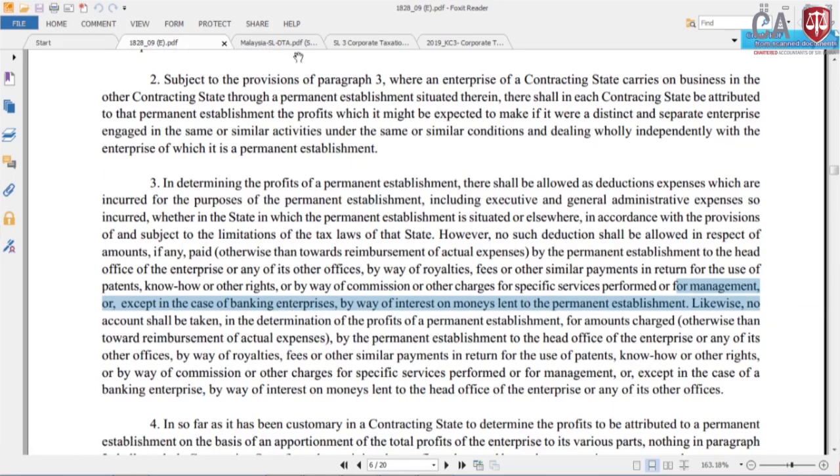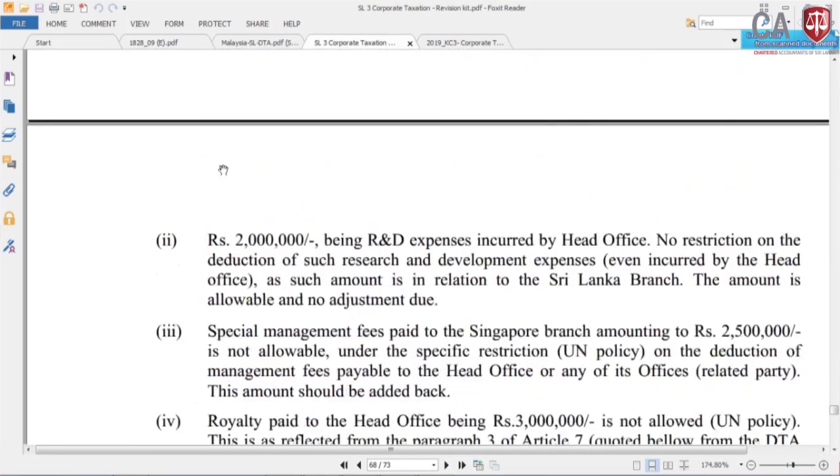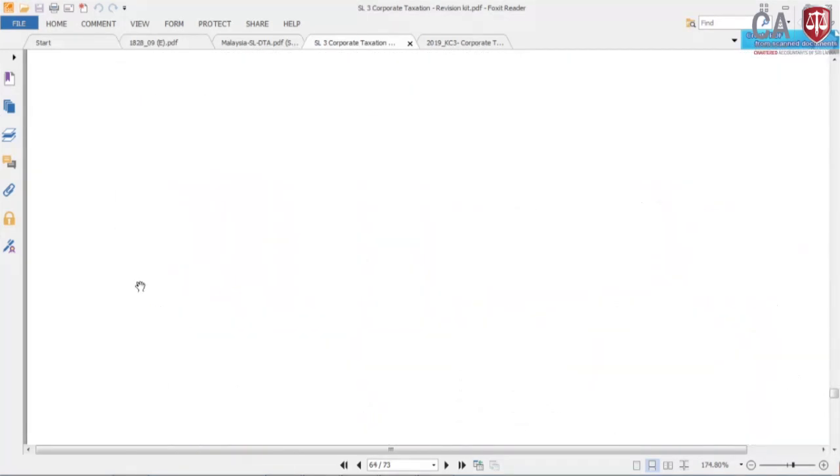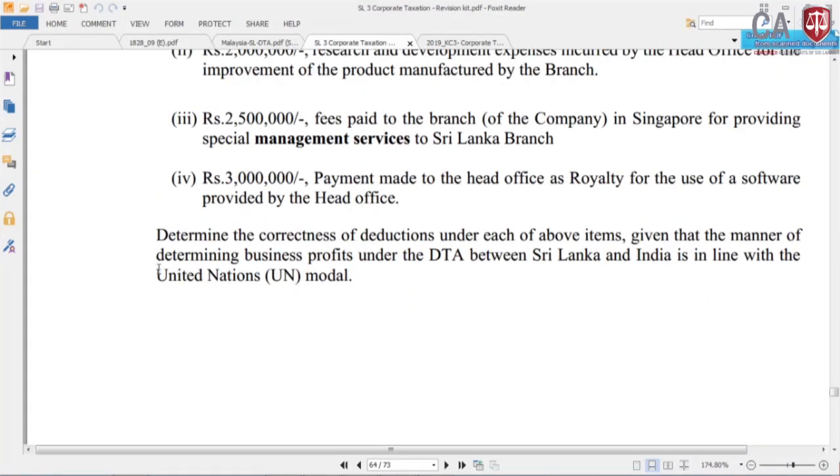Now we will come to the next one, the last one. The first one is deductible, the second one deductible, the third one should be disallowed. We will look at the fourth one: rupees 3 million payment made to the head office.